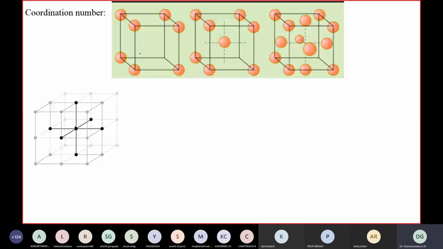So you take any atom of the simple cubic, it is surrounded by 1, 2, 3, 4 on the horizontal plane, then the 5th one above and the 6th one below.